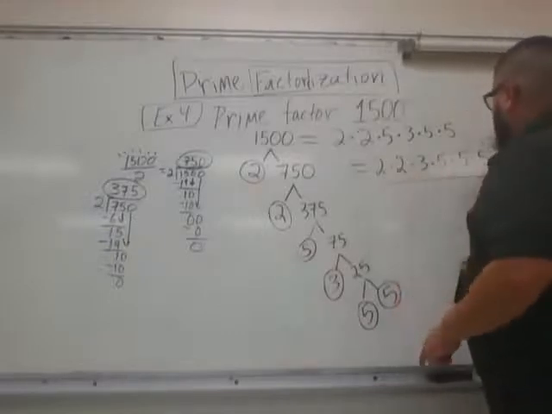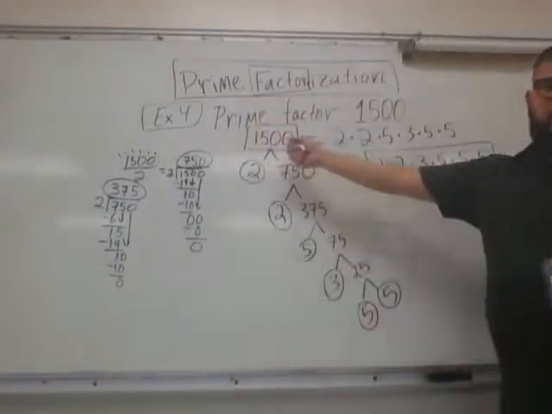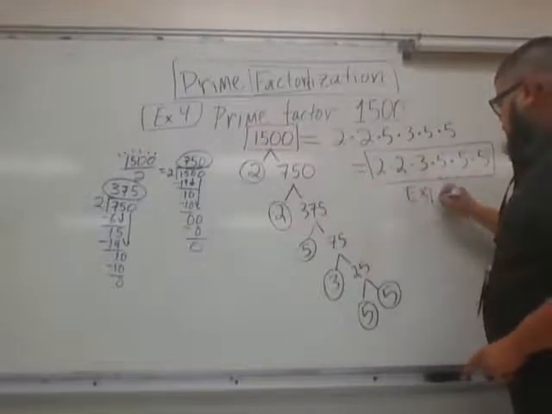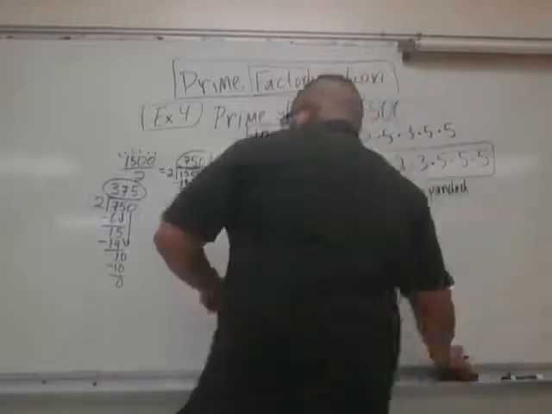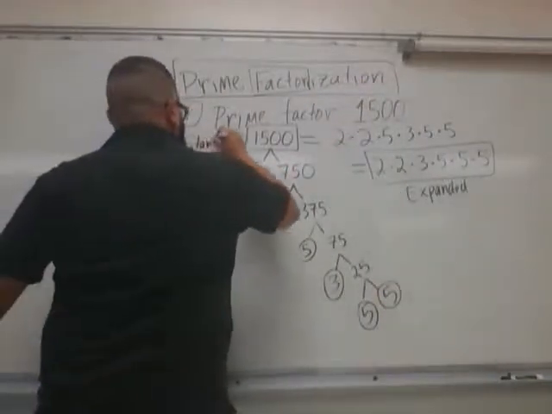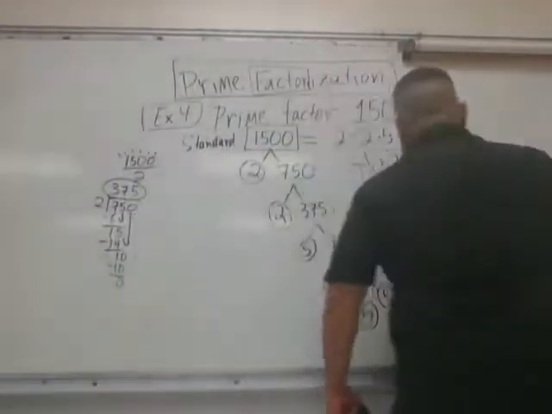All right, so this is expanded form. This was our standard form. 1,500 was our standard form. This is our expanded. Let me go ahead and erase this as well and write standard here. This is standard form. This is expanded form.